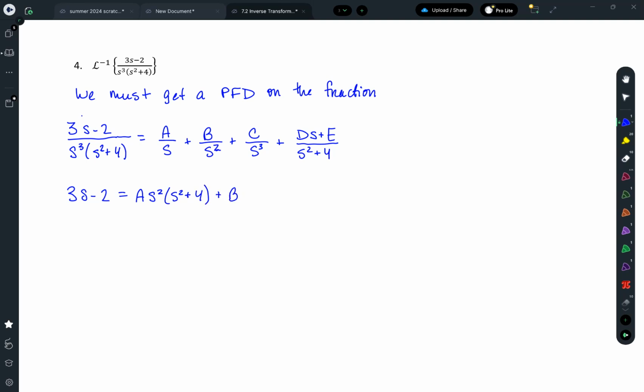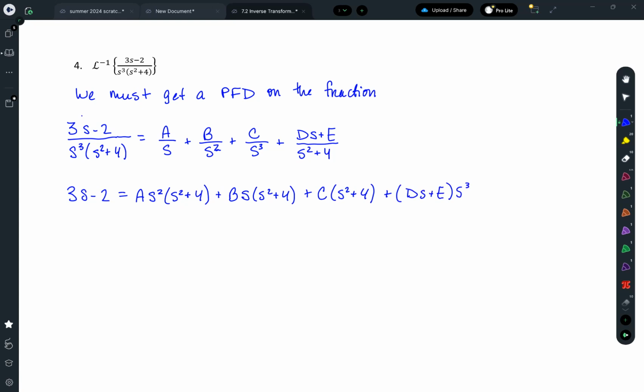The s squared clears out 2 of the s's, so we have bs times s squared plus 4. The c over s cubed, all the s cubes go away, so I'm left with plus c times s squared plus 4. And then the ds plus e over the s squared plus 4, the s squared plus 4's go away. So I have in parentheses ds plus e times the s cubed.